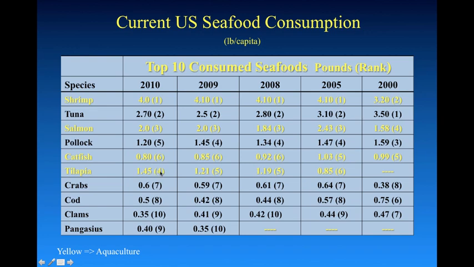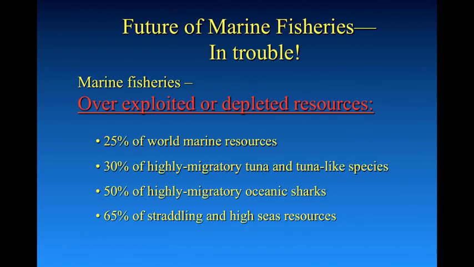Tilapia, in the mid-90s, this was 0. So tilapia has made huge inroads into supplying part of that seafood demand. The commodity products here in yellow represent aquaculture. So yeah, aquaculture. Boom.